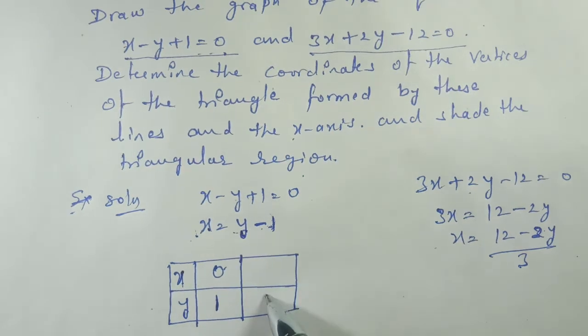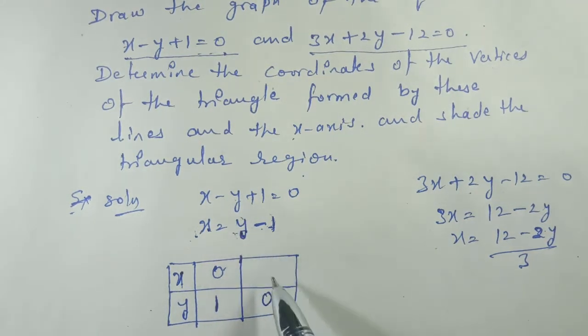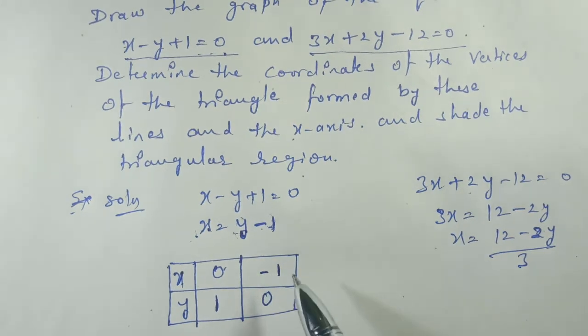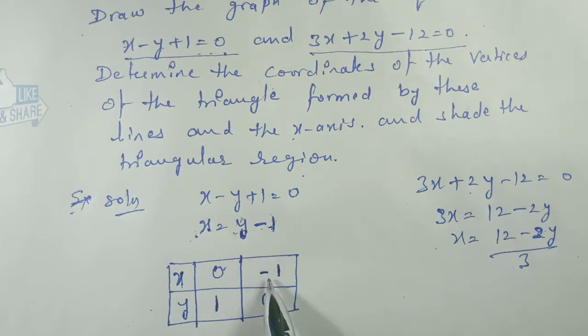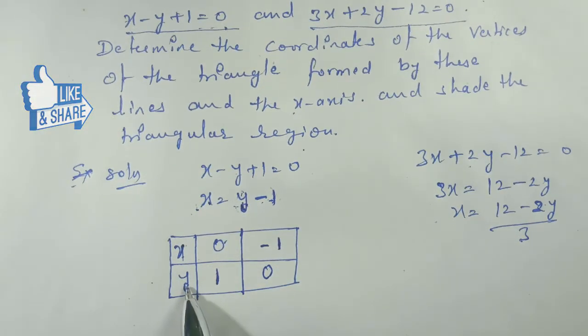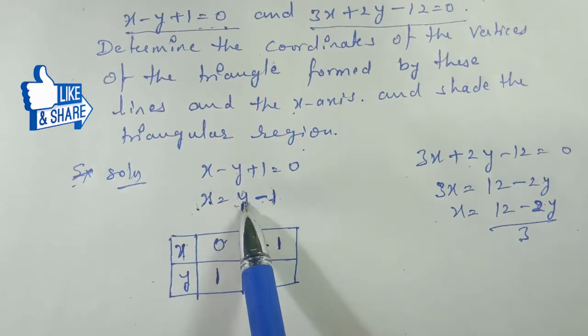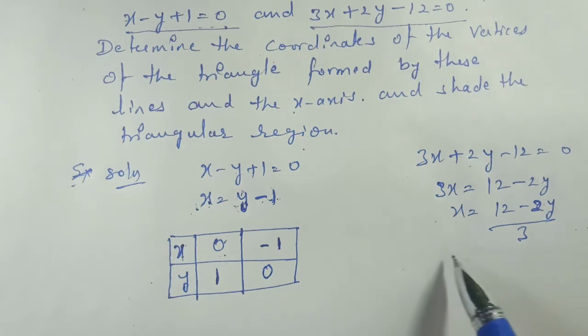Then this gives minus 1, x equal to 1. Here we put 0, so 0 means nothing, this will give minus 1. And you can also identify it as, if we put 1 in place of y, then 1 minus 1 gives the value of x equal to 0. So these are the two values.